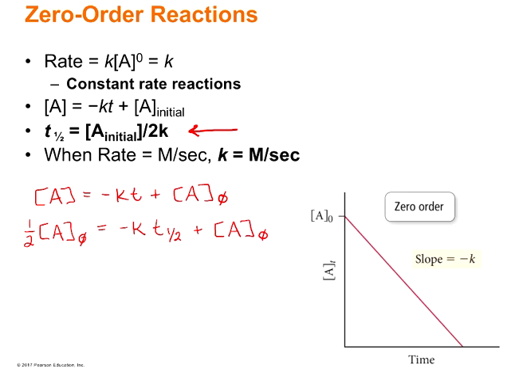So we're just substituting in some expressions, assuming that we have lost half of our initial amount of A. Okay, so now let's rearrange this equation to solve for T1/2. So I'm going to move the initial concentration of A over to the left.